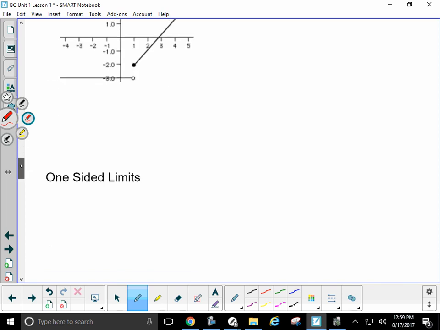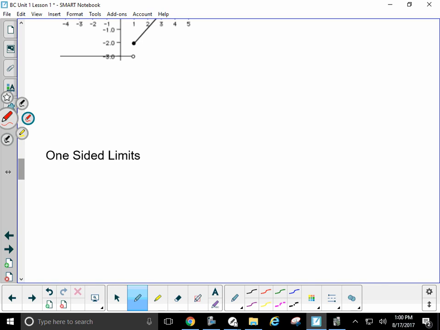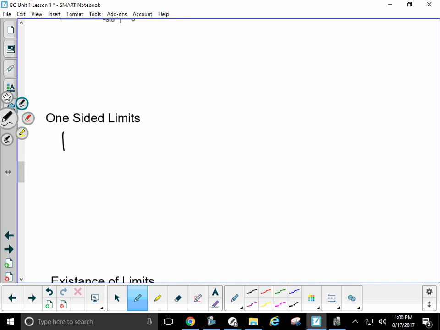Because of that, we need the concept of a one-sided limit. We need to look not just at a specific area, but maybe to the left of the area and to the right of the area specifically. So what we have is left-hand and right-hand limits. I'll first give you the notation for a left-hand limit. Limit as x approaches c, and in the exponent of that value, you'll put a little negative sign.